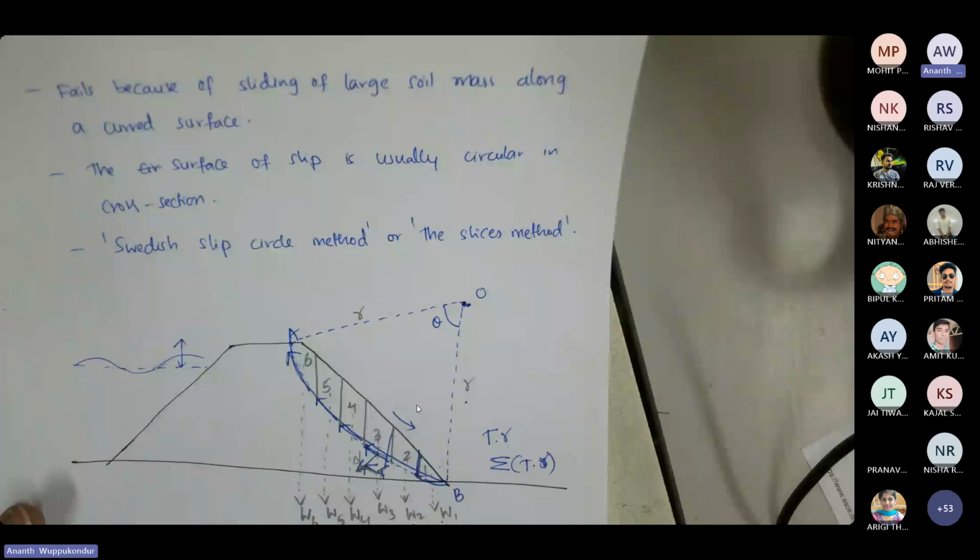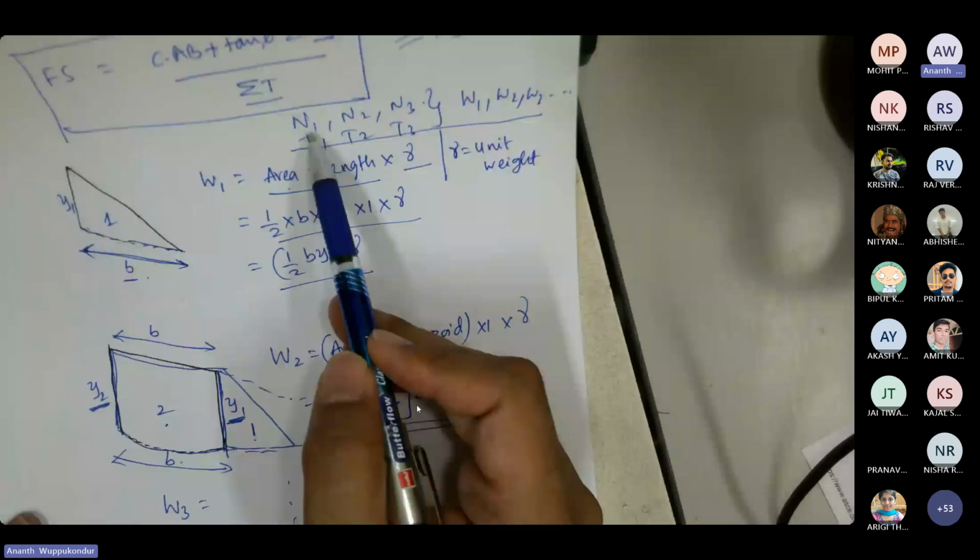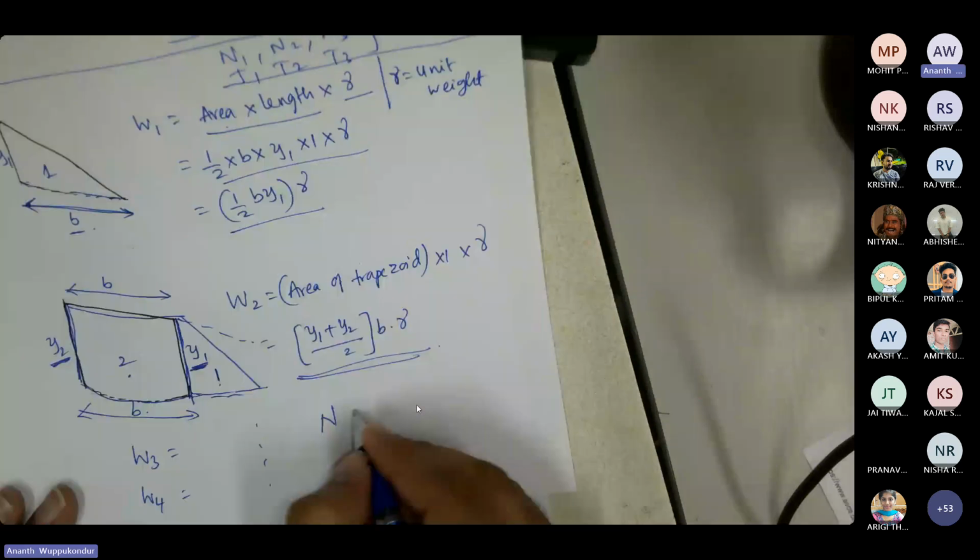So once you calculate W1 until Wn, then you get the normal components and also the tangential components. So the normal component is W times cos alpha, and the tangential is W times sin alpha.